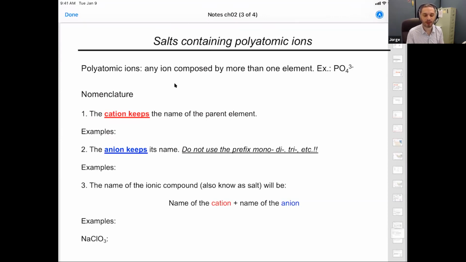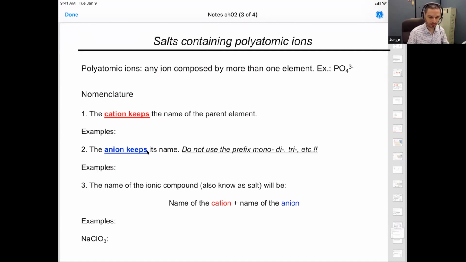Remember, a polyatomic ion is any ion that is composed of more than 1 element. The nomenclature is going to follow the same nomenclature that we used for salts.